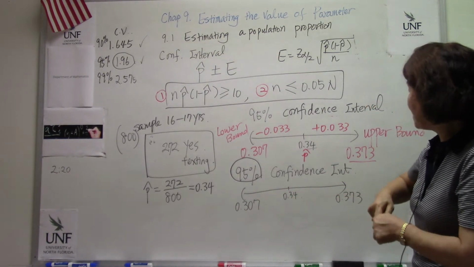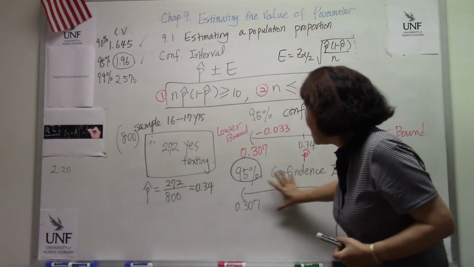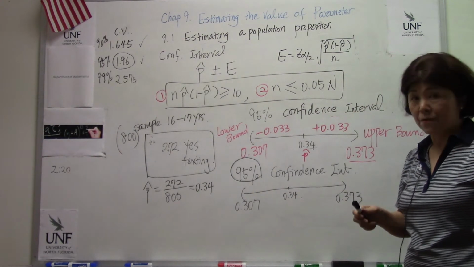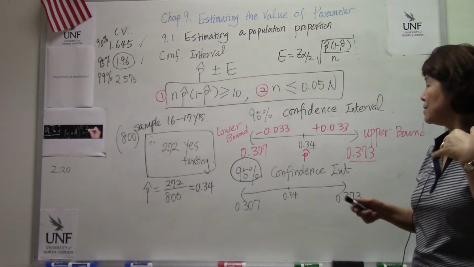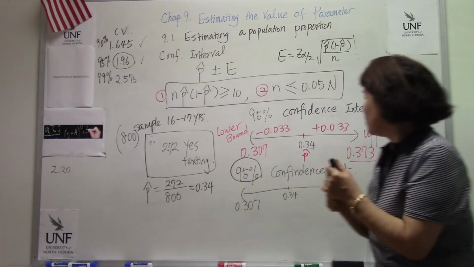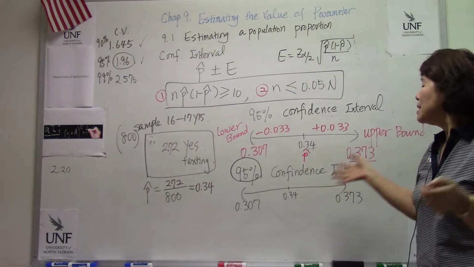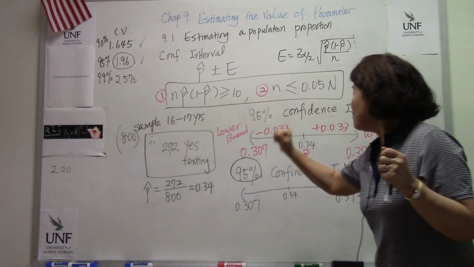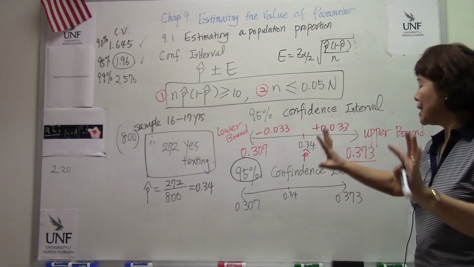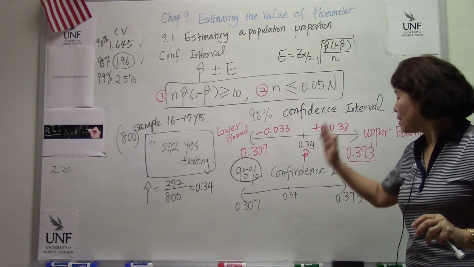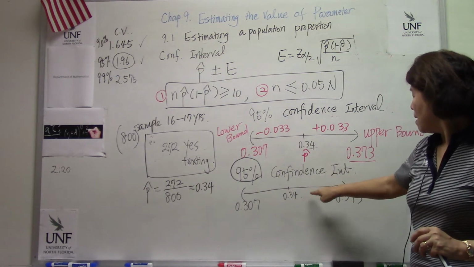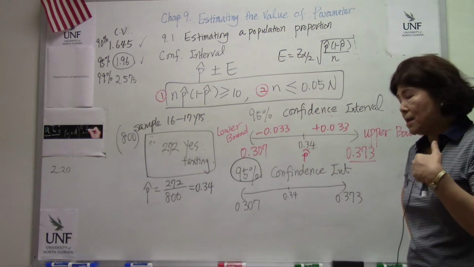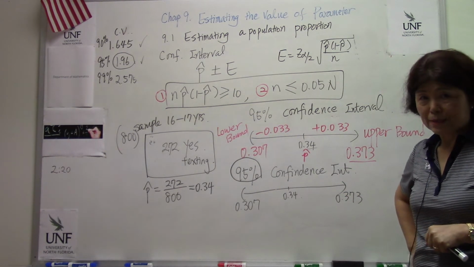So you can make many different intervals like this using different surveys with the same sample size of 800. There are many intervals out there, and 95% of those intervals will contain the true proportion somewhere in the interval. That's what that means.